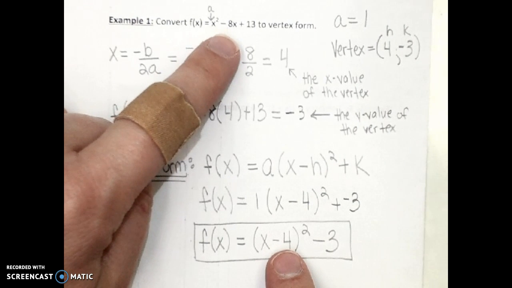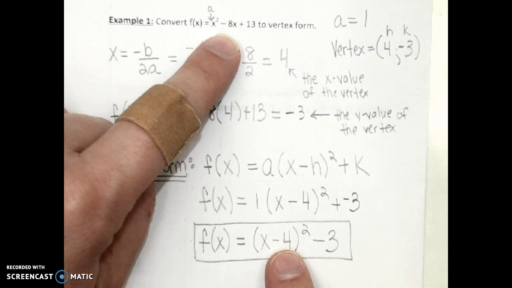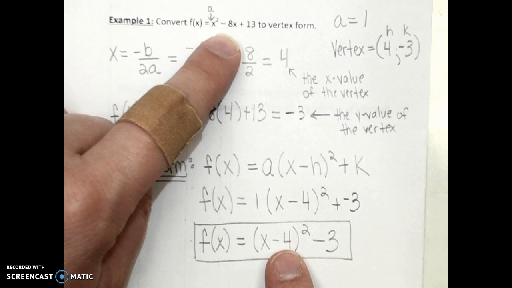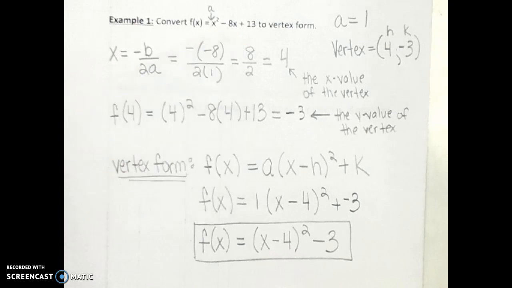These two functions will give me the exact same graph, the exact same parabola, all the same points. You need to make sure that you have each step written down. At this point, if you need some time to write it down, pause this video so that you can write down every step, every word that I've written on this problem.